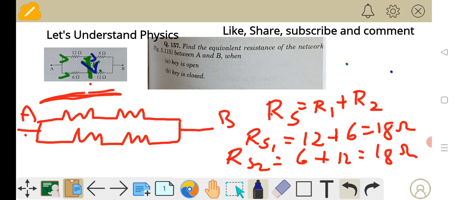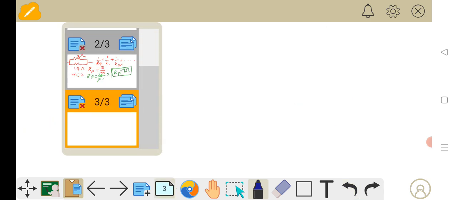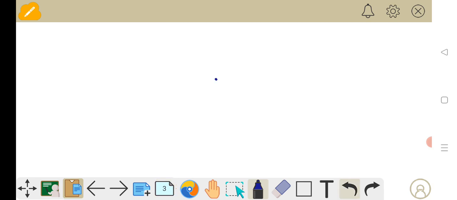Now here it is getting divided again from 6 ohm to 12 ohm. Again the current reaches to B. Now here what are the resistances in parallel, what are the resistances in series? We'll just simplify this diagram. Now see here, I can draw diagram like this.